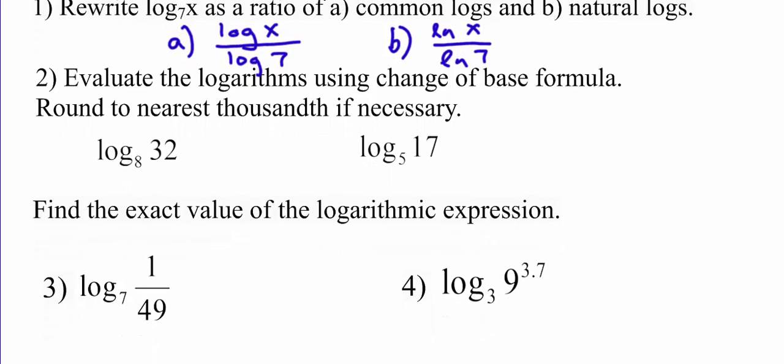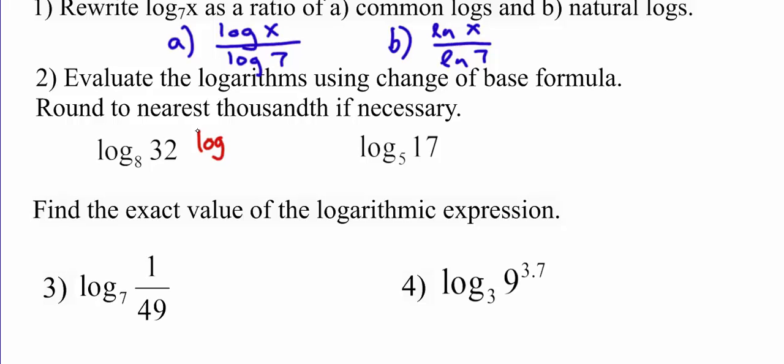Alright, number 2, we're going to use the change of base formula to approximate values or to solve for exact values. And actually on number 2, when you think about it, 8 and 32 is not a power of 8, but they're both powers of 2. So I'm going to choose base 2 on this one.